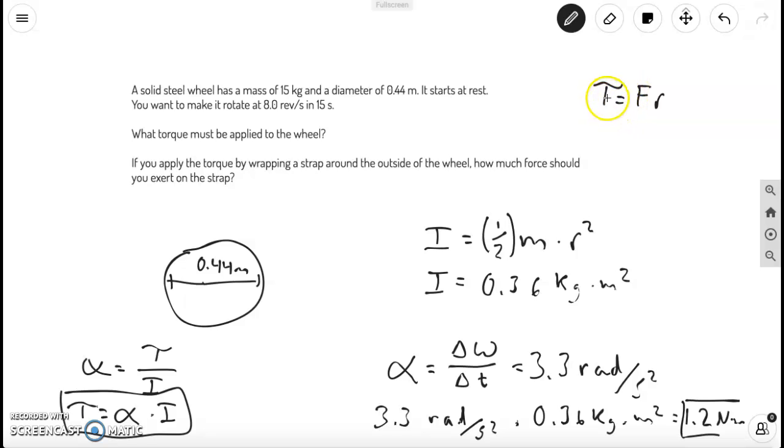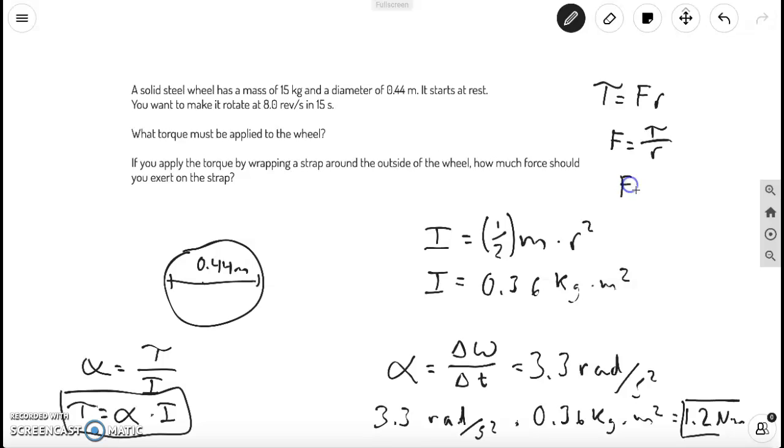So we're just going to stick with torque equals force times the radius. The radius in this case was 0.22 meters. So we're going to rearrange our equation to have force by itself. Force equals torque divided by the radius.